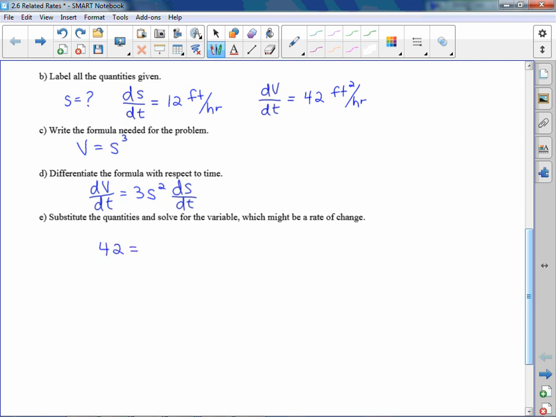And then 3 times s we're looking for, so we'll leave it as s squared. And then ds/dt, we're going to multiply by 12. Okay, so that's going to give me 36s squared. Divide by 36.